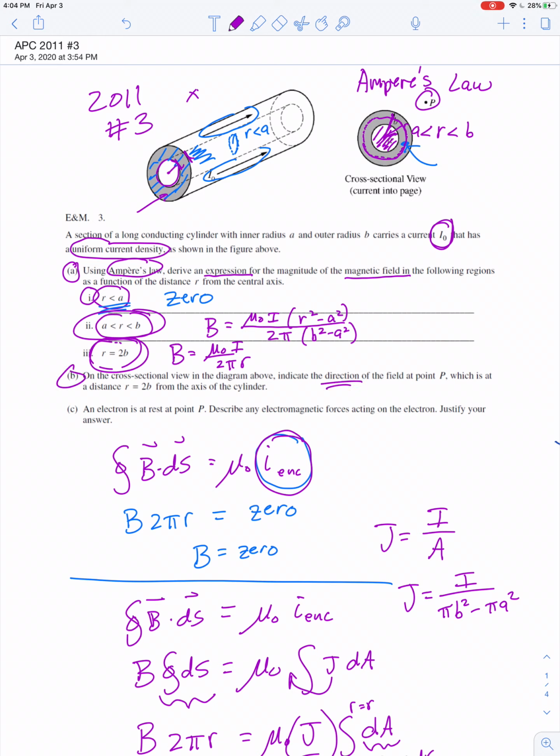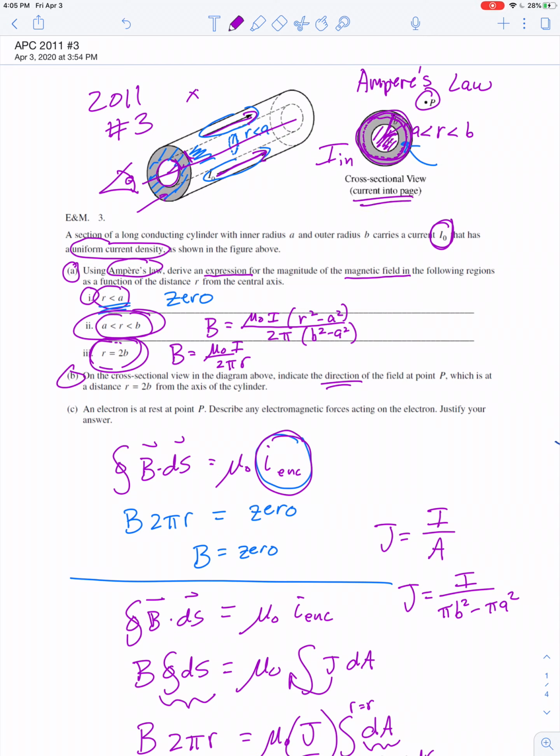Indicate the direction of the field at that point P. Well, we just have to use the right-hand rule. They're telling us that the current flows in this direction, so when the eyeball looks down the axis, we see it like this. So the current is flowing into the page as stated here.